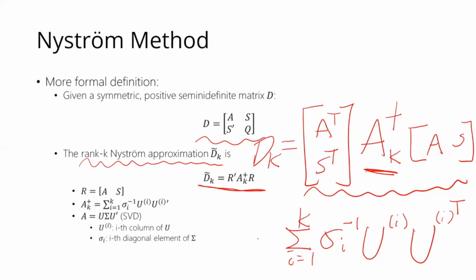And that is the definition. U over here is the singular vector that is determined from SVD, and the sigma over here is the diagonal component from the SVD result.